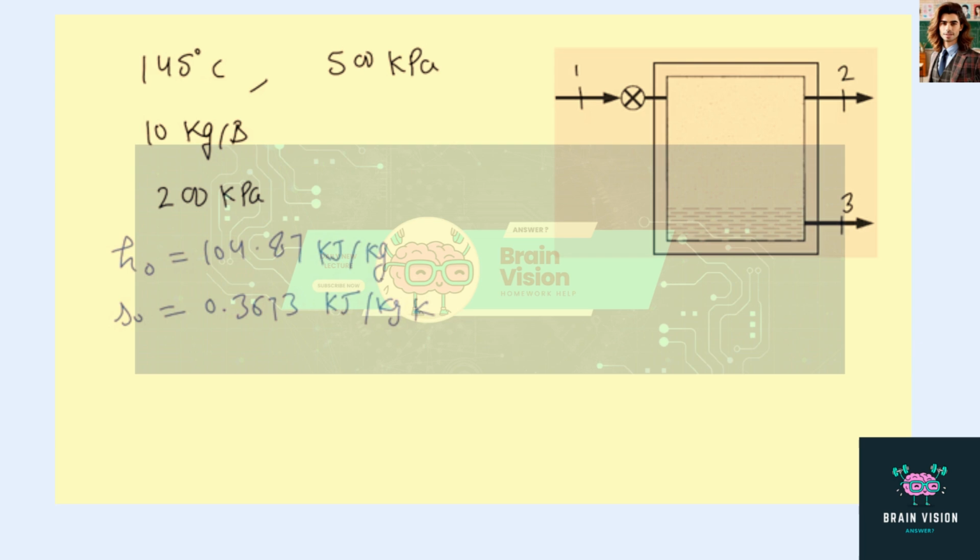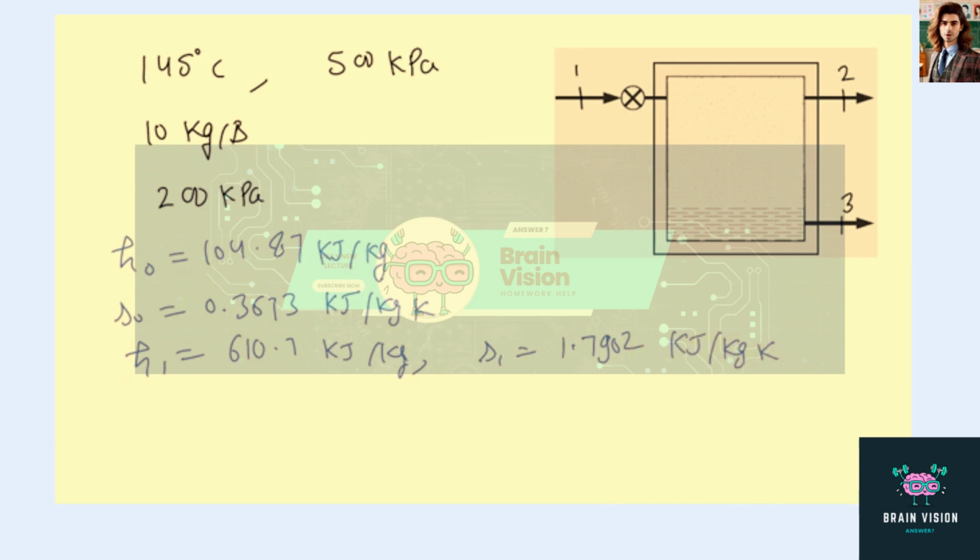Now, the properties of liquid water at a temperature of 145 degrees centigrade and at a pressure of 500 kilopascal can be written as H1 is equals to 610.7 kilojoule per kilogram. S1 is equals to 1.7902 kilojoule per kilogram Kelvin.